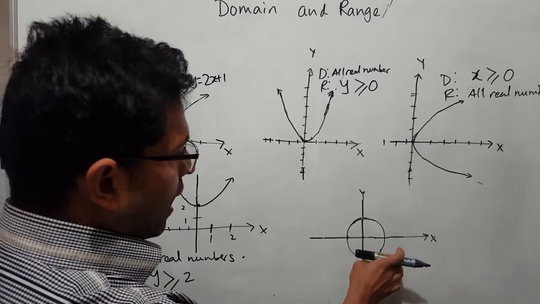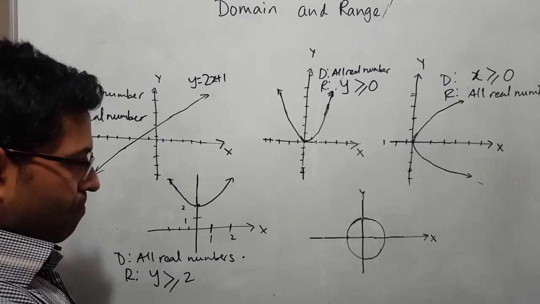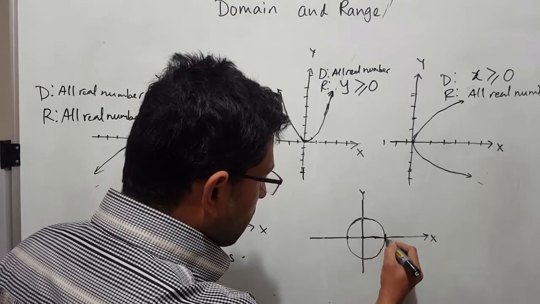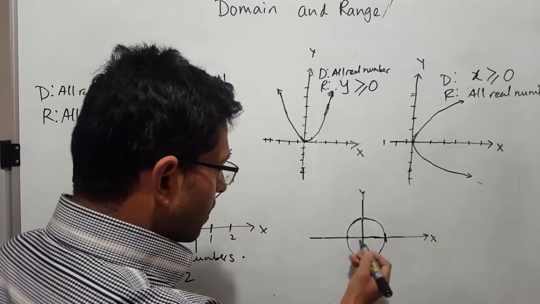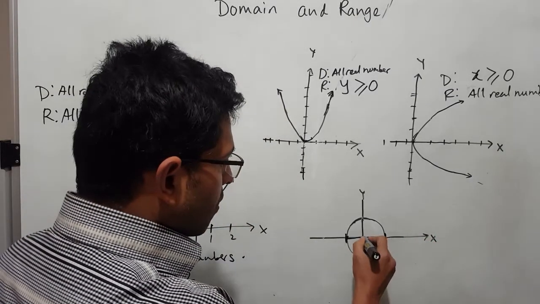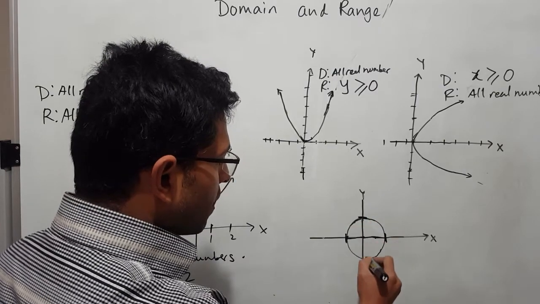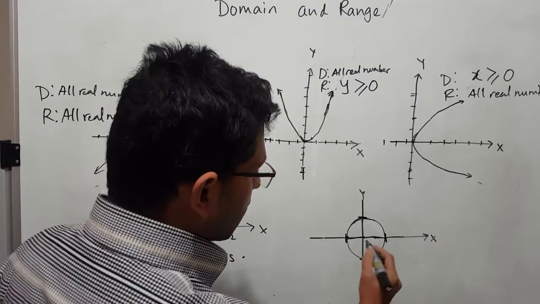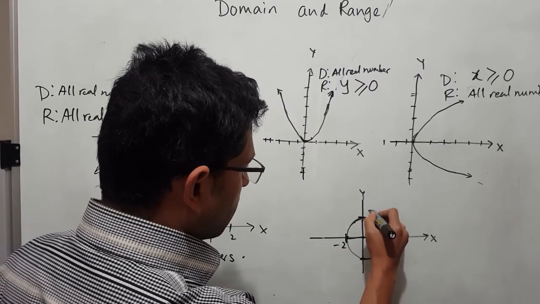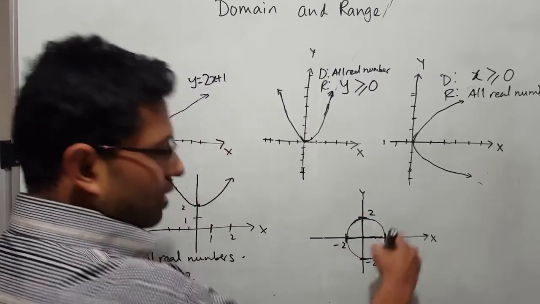Now if you look at a circle, you can see x is limited: positive up to here, it cannot go more than that, and negative up to here, it cannot be less than that. For y, this is the maximum value and this is the minimum value. It means if I say this is 2, for example, and this is minus 2, this is plus 2, this is minus 2, because it's a circle.